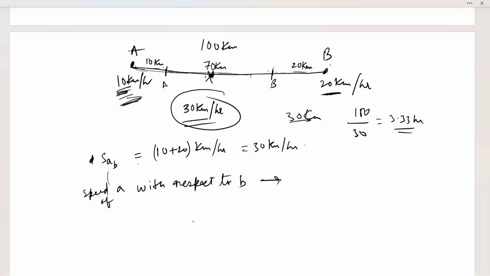Let A work, A only runs or paints or does whatever it is. You just stop. So in this case A has a speed of 10 kilometers per hour, and since B has stopped, B's speed gets transferred to A.